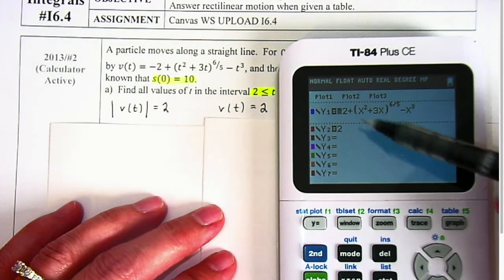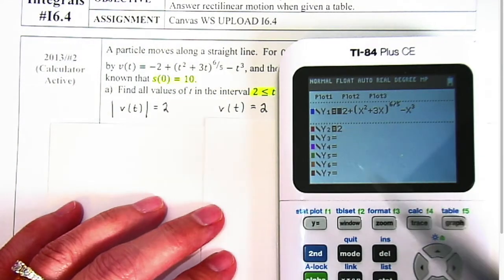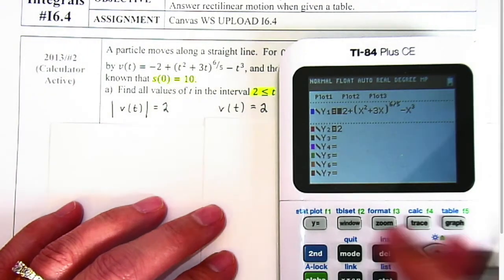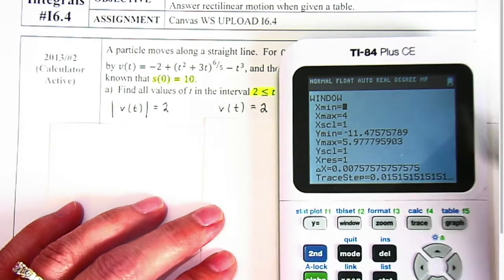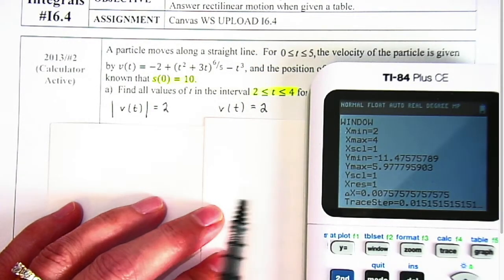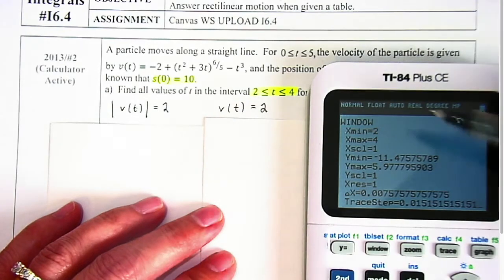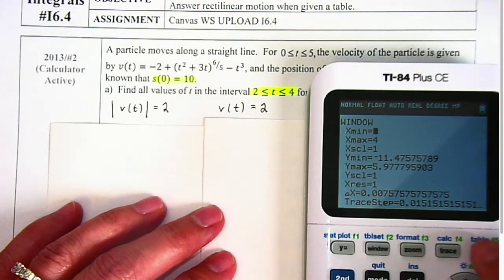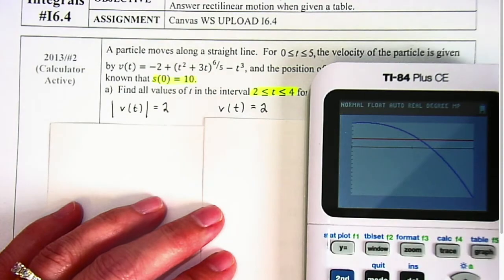If I want to know where y1 equals y2, I'm going to take a look at the graph. Before I do that, I'm going to go to my window setting. I'm going to make sure that my window is set to reflect what I'm told right here, so from 2 to 4. And then I hit graph, and my answer is sitting right here at that intersection point.